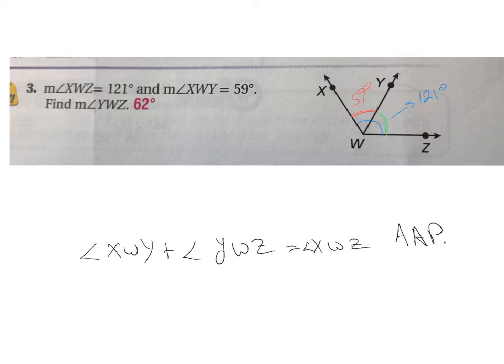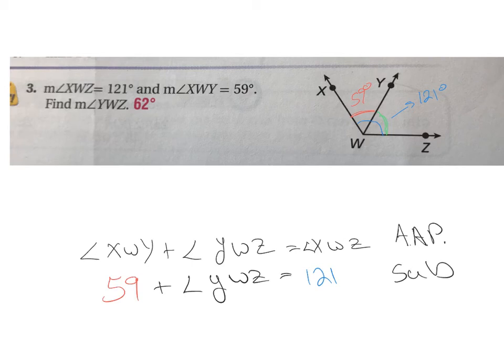I'm going to use a short form here. And if we were writing a proof, our next step would be substitution, and we would do that by knowing that XWY is 59. We don't know this one, so we just write angle YWZ still. And we know that that equals 121. That's by substitution. Okay? Just like we're doing a proof here, okay?